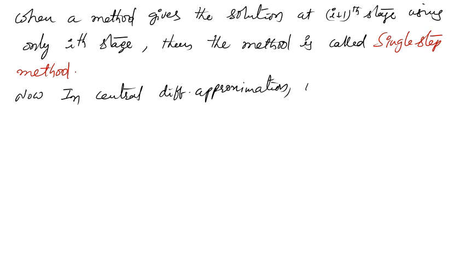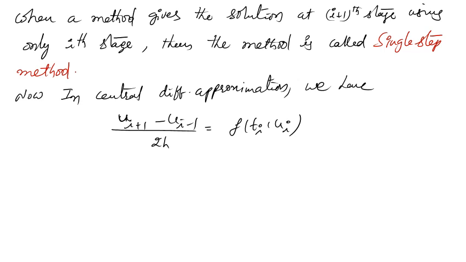We have the approximation (u_{i+1} - u_{i-1}) / 2h equal to f(t_i, u_i). What does this give? u_{i+1} is in terms of what? Clearly in terms of u_{i-1} and u_i.